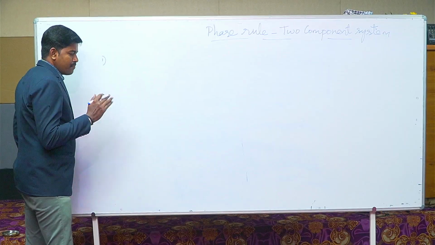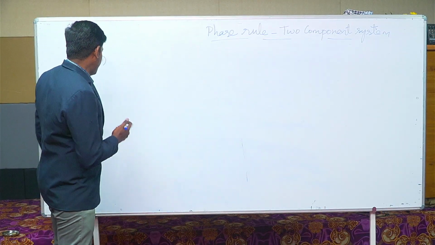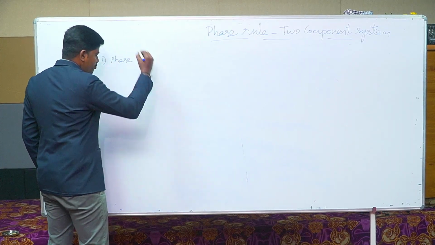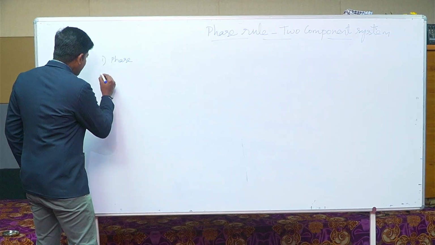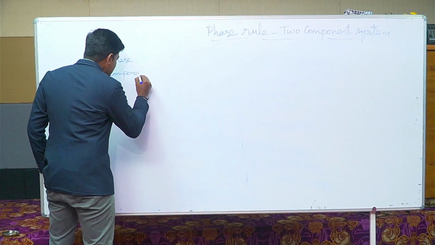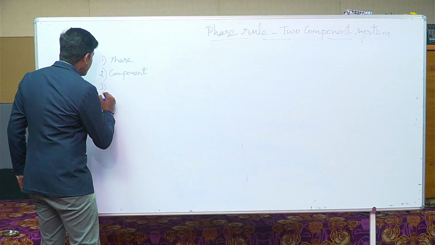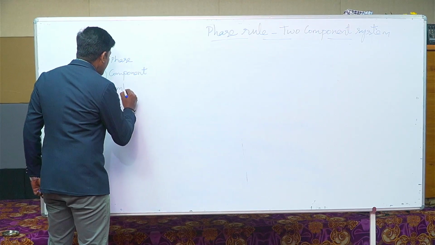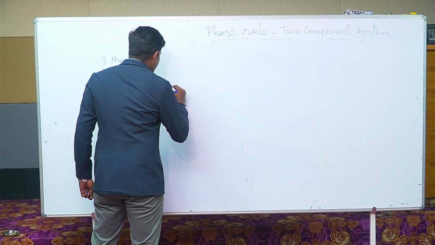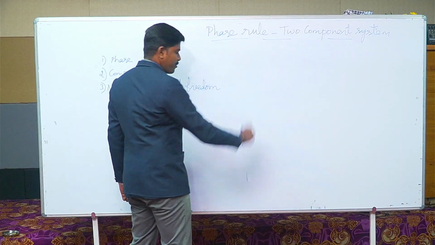I'm not going to elaborate on the terms. Shortly, I will tell what the important terms are. The first term is what is meant by phase. The second term, component. The third term, number of degrees of freedom.